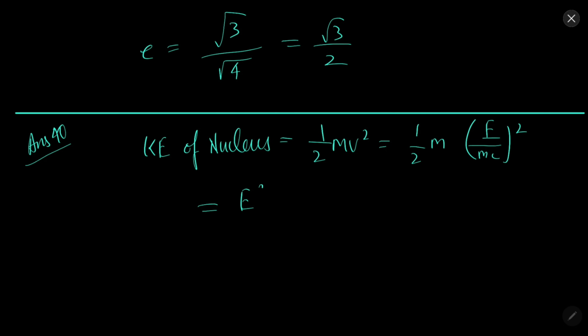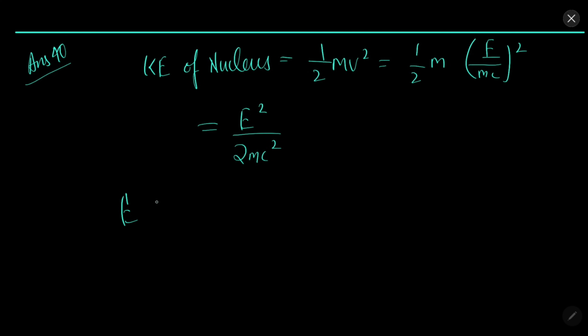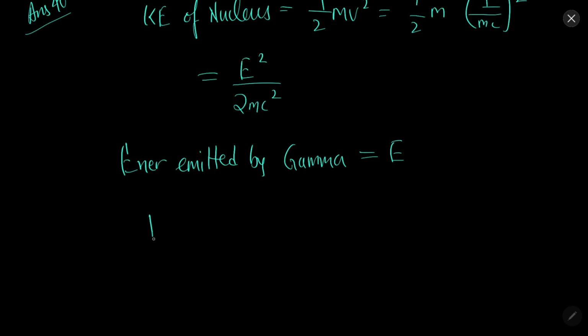So it will be E square over 2mc square. Energy emitted by the gamma photon, let's say it is E. So decrease in internal energy will be E plus E square over 2mc square.